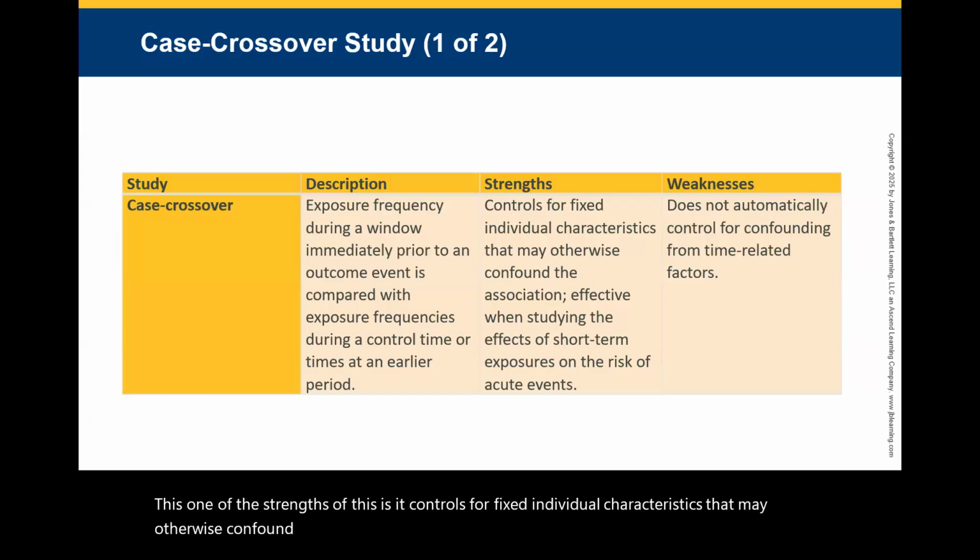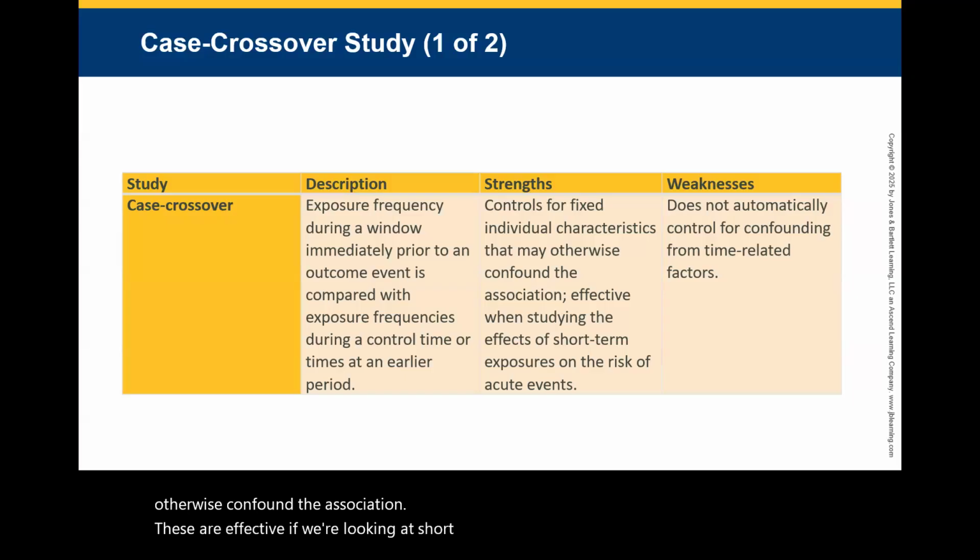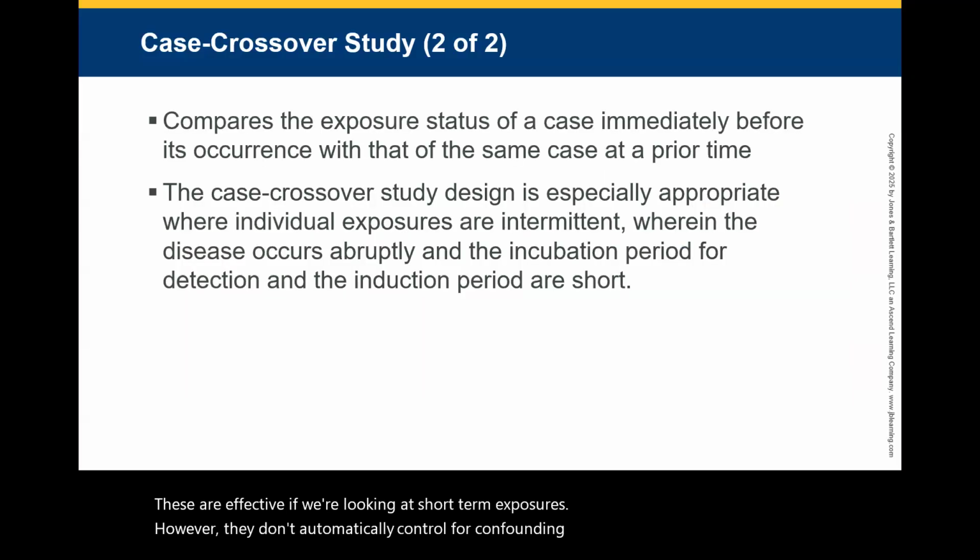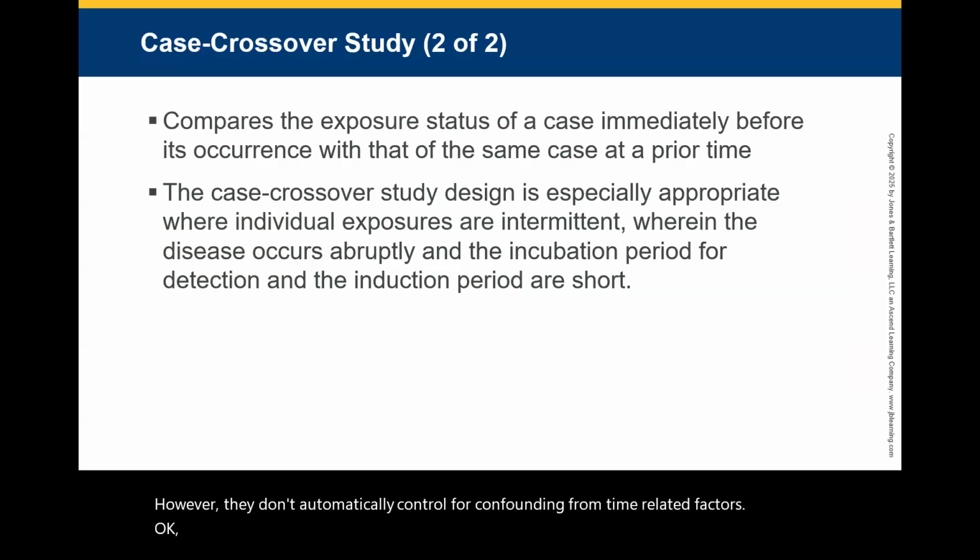These are effective if we're looking at short-term exposures. However, they don't automatically control for confounding from time-related factors. So we are comparing the exposure status of a case immediately before its occurrence with that of the same case at a prior time.